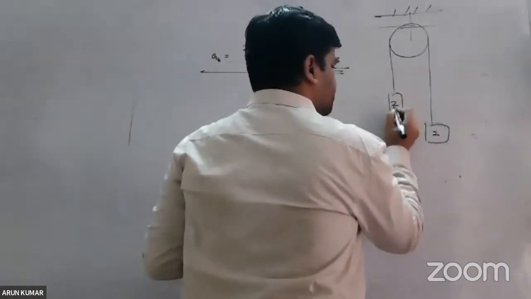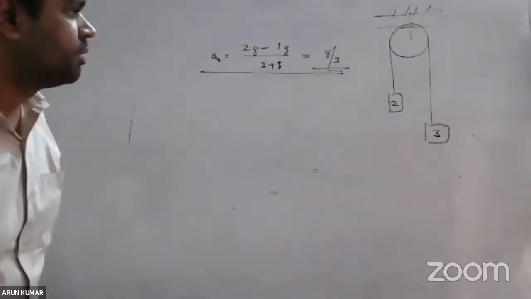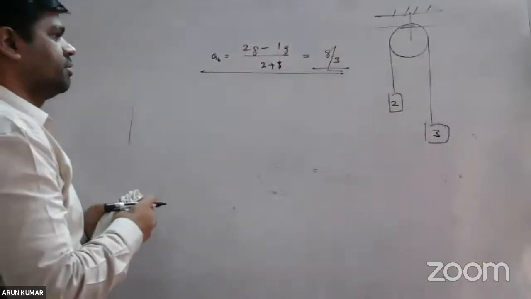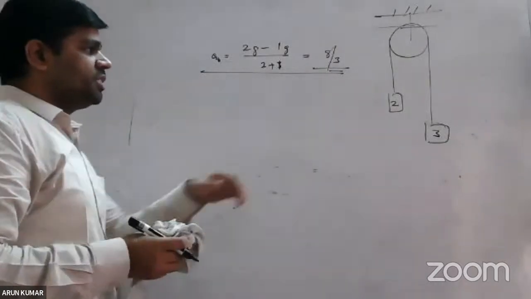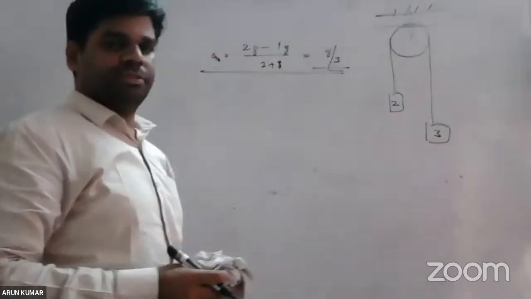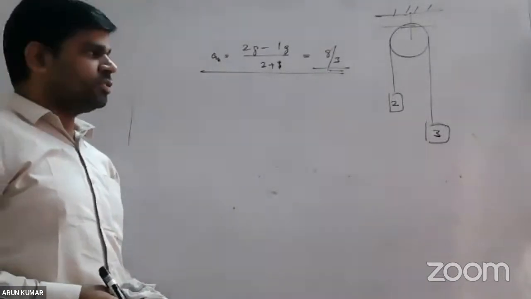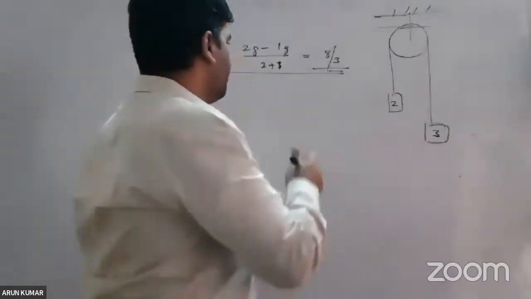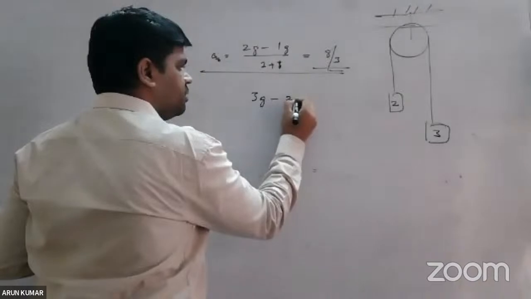Now I'll make this 2 kg and this 3 kg. Now tell me what's the acceleration. No, this is 2 kg and this is 3 kg. So the supporting force is 3g, minus 2g, by 5.